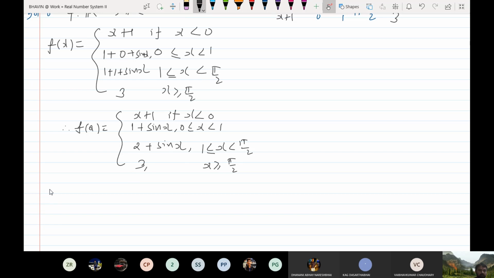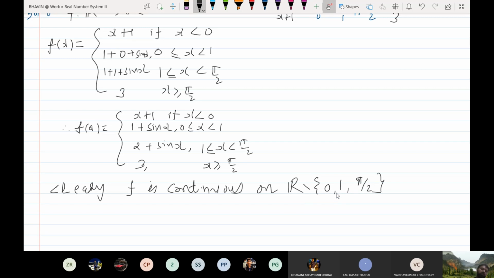So we only need to check continuity at 0, 1 and pi by 2. So clearly f is continuous on R minus {0, 1}.